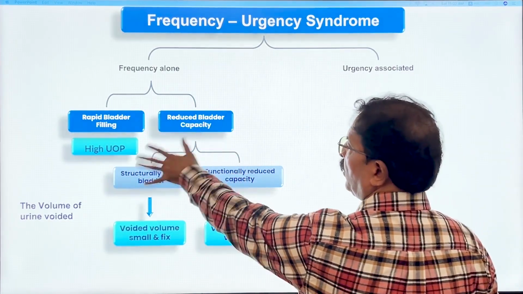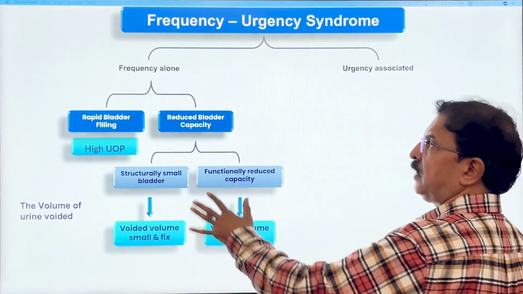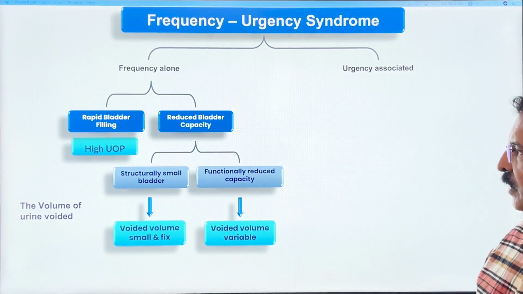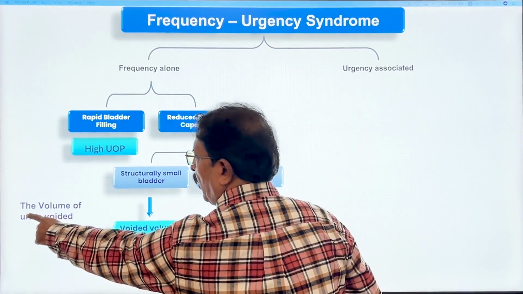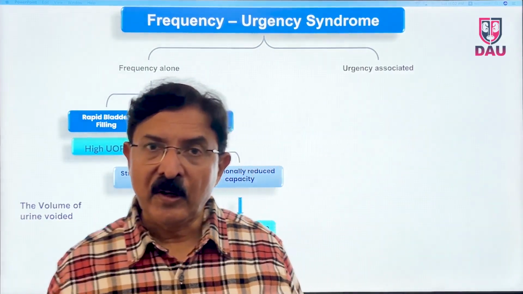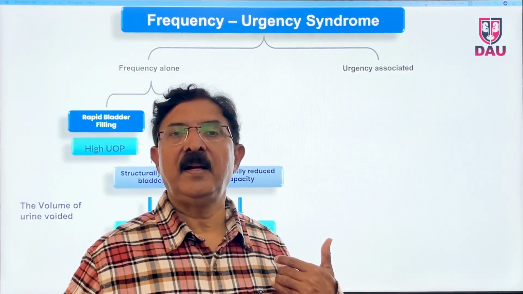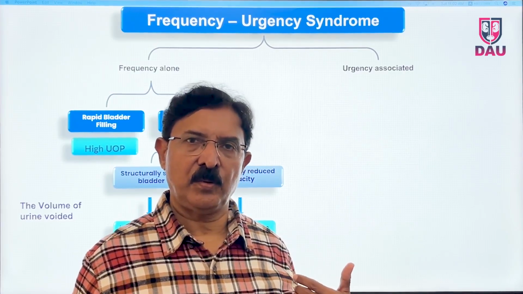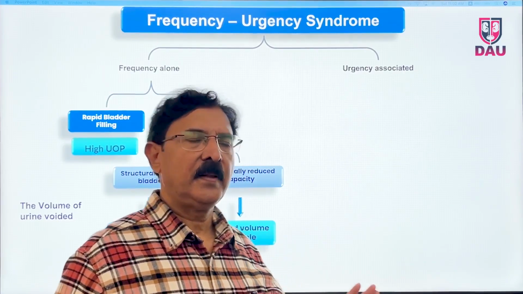So to look into this, what you should do in a patient of frequency alone is talk to the patient about the volume of liquid taken and the volume of urine passed out. Both you should find out.